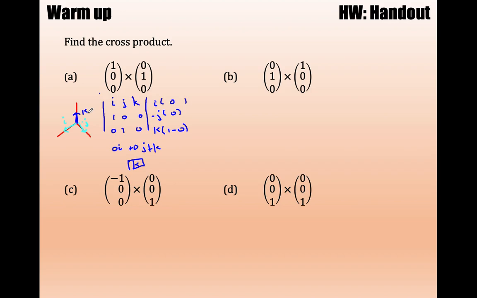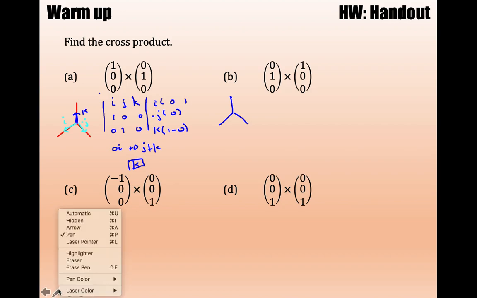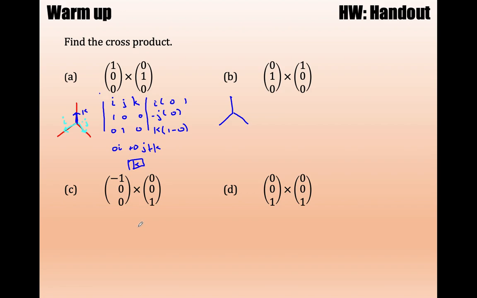So can you kind of see what's going to go on for the rest of them? Yes, so maybe draw it first. Which two vectors are these? Isn't this the j? So what's going to happen when you cross j cross i?